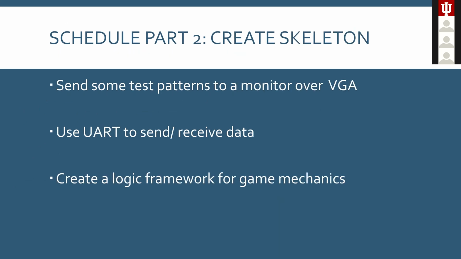Then, past that, I want to start sending test patterns over VGA, just again, some test patterns out to the monitor. I plan on using UART to send and receive input data. And luckily, UART's been around a long time, so there's lots of good documentation on how to work with it.